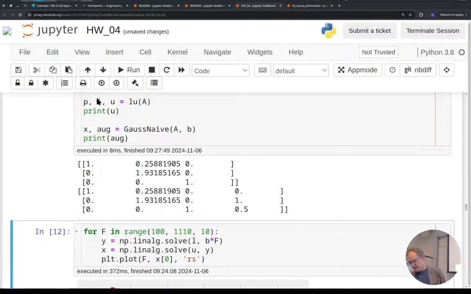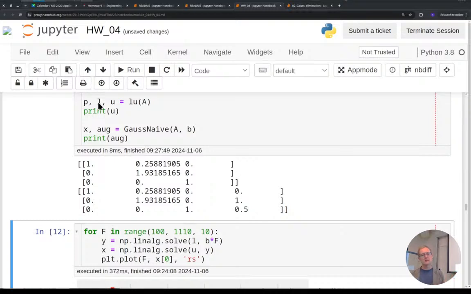So by doing that extra bookkeeping of keeping track of that lower triangular matrix, you're doing Gauss elimination, but for any right-hand side equation.